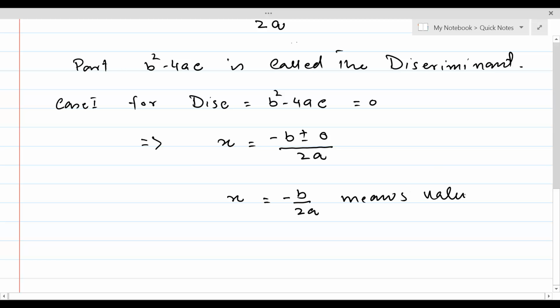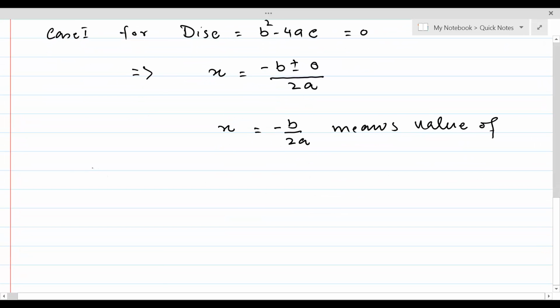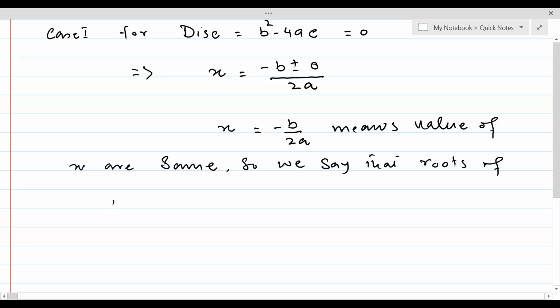So we say that roots of ax squared plus bx plus c equal to 0 are equal.